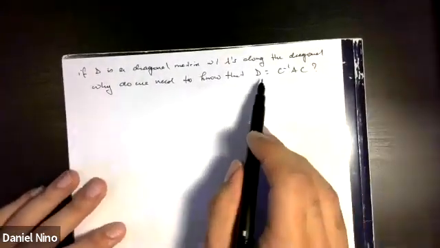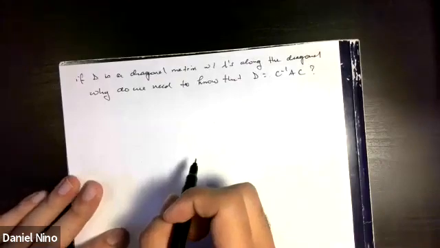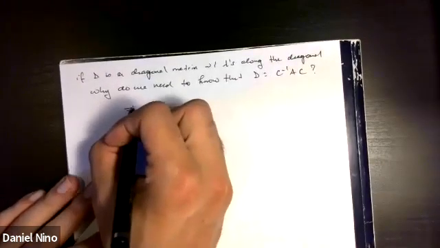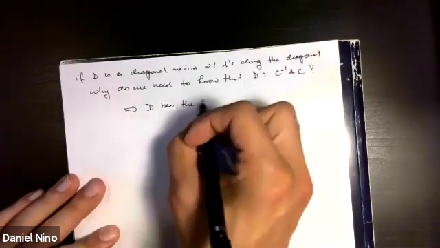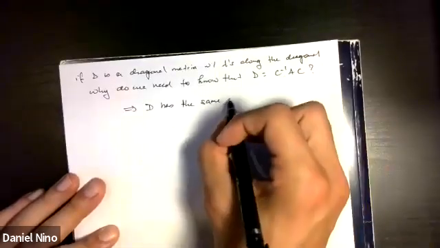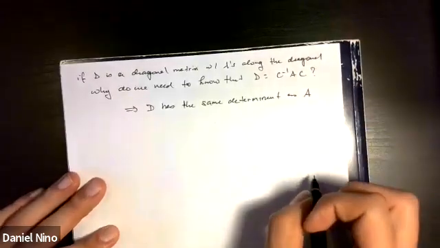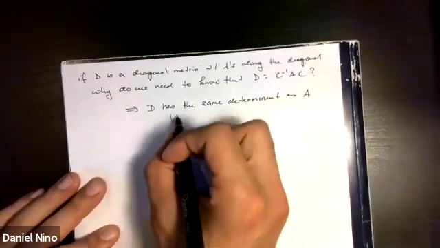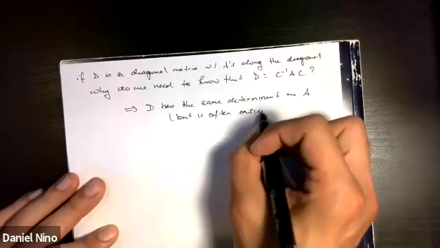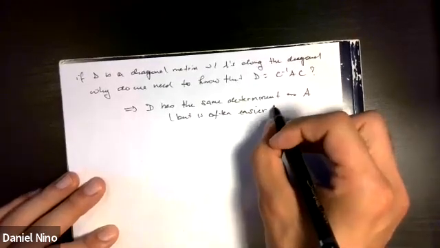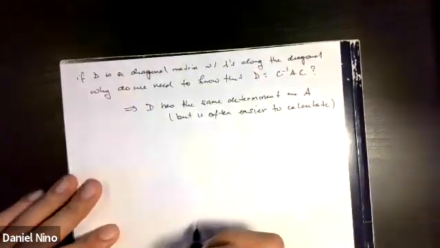The reason is that from this equation, you can derive other important results that can yield more efficient ways of computing certain things. For example, it turns out that D has the same determinant as the matrix A, but because it's a diagonal matrix, it's often easier to calculate the determinant of D instead of calculating the determinant of A.